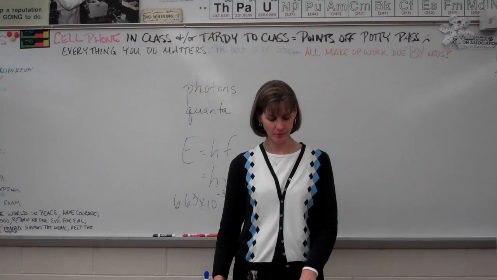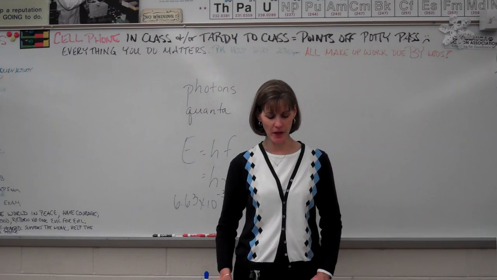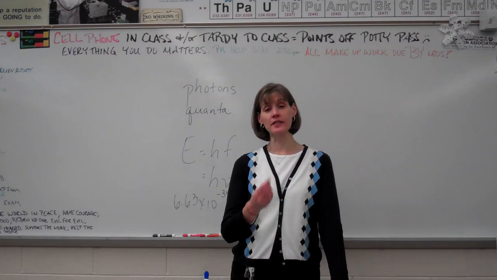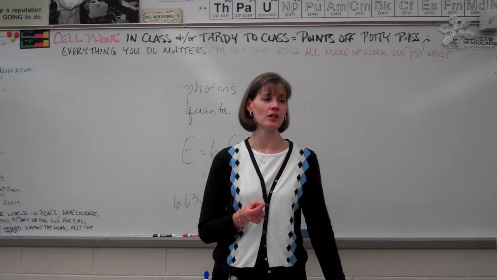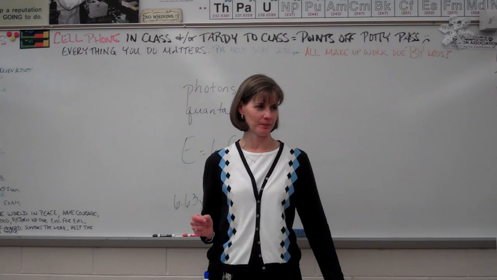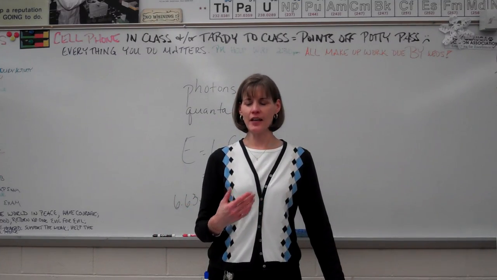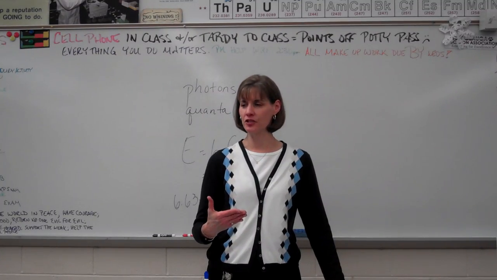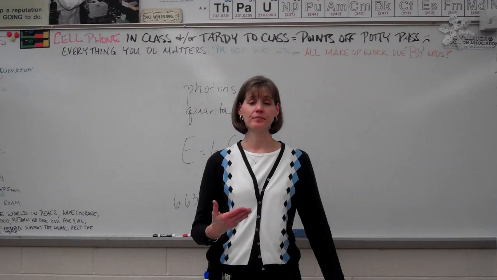Number 11. How a bright line spectrum of an atom is produced specifically. Okay, this has been the key component of all of your summaries on all of your labs in this chapter. Electrons in atoms get excited by radiant energy, heat or light.